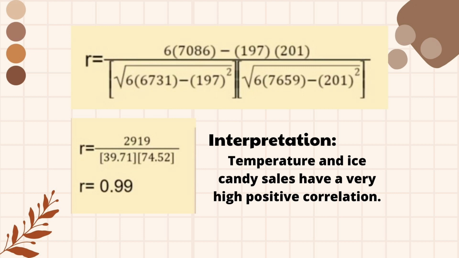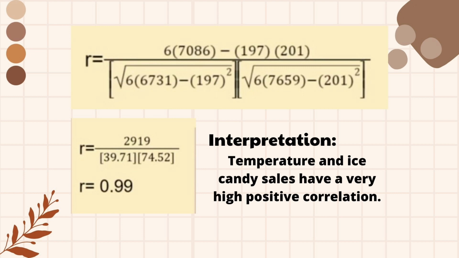At isolve naman natin ang nasa kanan na part. So, square root of 6 times 7,659 minus 201 squared. Ang total naman nito ay 74.52. So, ilalagay na natin sa calculator natin ang 2,919 over 39.71 times 74.52.